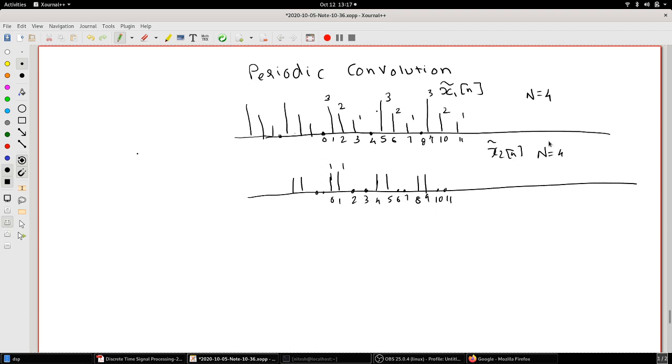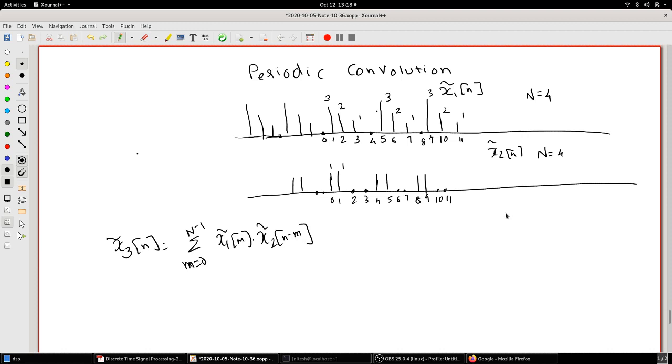Now one way to go about the periodic convolution is to do it graphically, using the periodic convolution formula: x3 tilde of n will be equal to the summation over m equal to 0 to N minus 1 of x1 tilde of m into x2 tilde of n minus m, right?